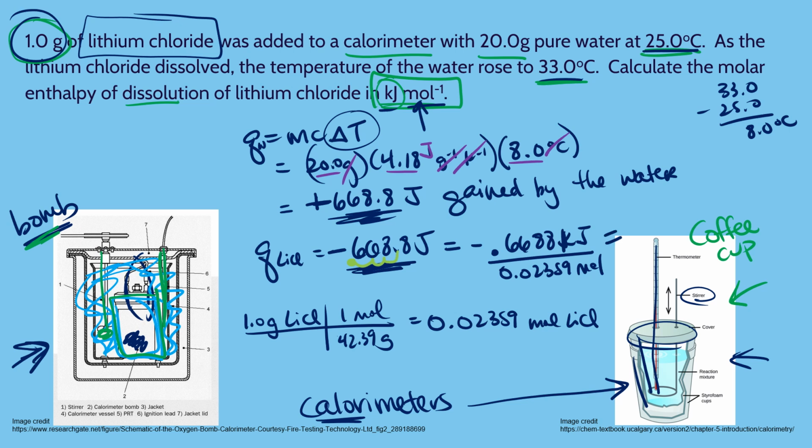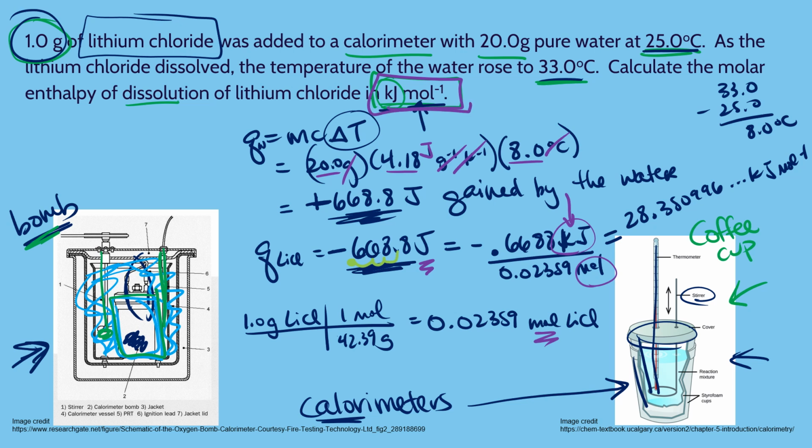And when I do that division, we end up with 28.350996, so many digits, kilojoules per mole. So again, I'm going to figure out my joules, convert those to kilojoules. We're going to figure out our moles, and then we're going to divide kilojoules by mole, and that's going to give us kilojoules per mole.